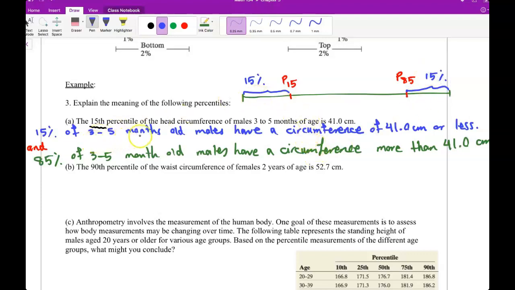So 15% of 3 to 5 month old males have a circumference of 41 centimeters or less. Okay, so this group has 41 centimeters or less. And then on this part, we have 85% of 3 to 5 month old males who have a circumference more than 41 centimeters, because this part is more than.